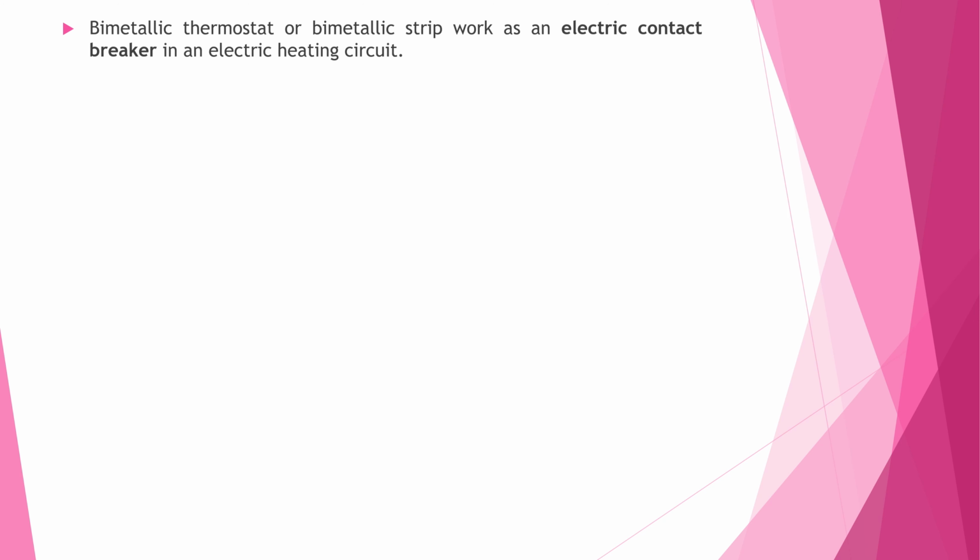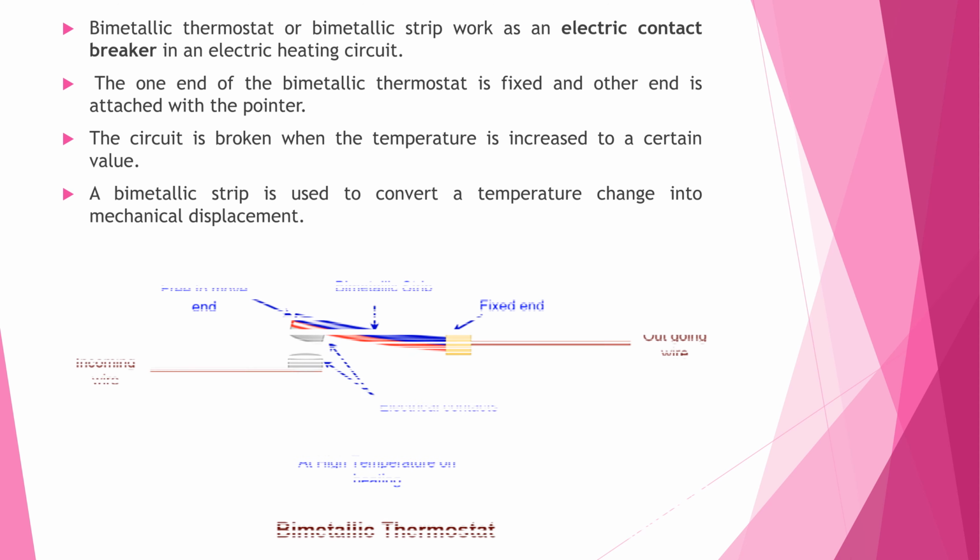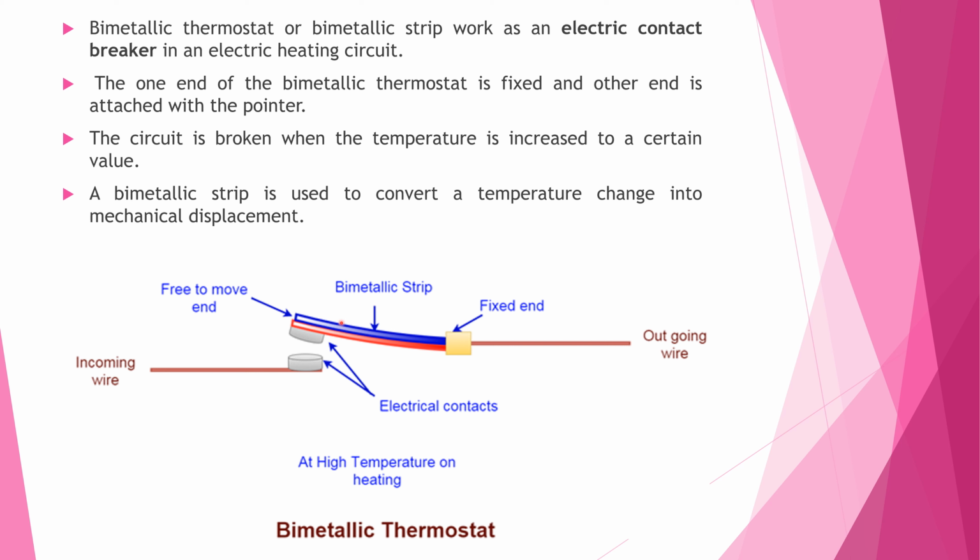Bimetallic thermostats or bimetallic strips work as an electric contact breaker in our electric heating circuit. One end of the thermostat is fixed and the other end is attached to the pointer. So here is a bimetallic strip whose one end is fixed and the other end is free to move.